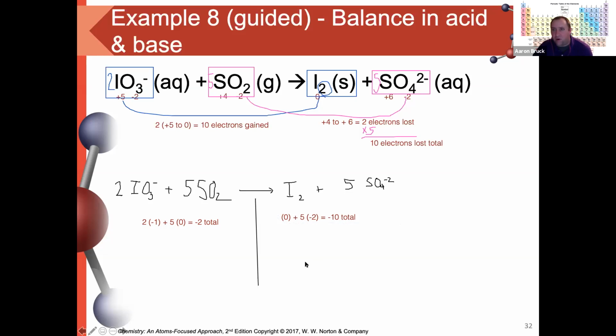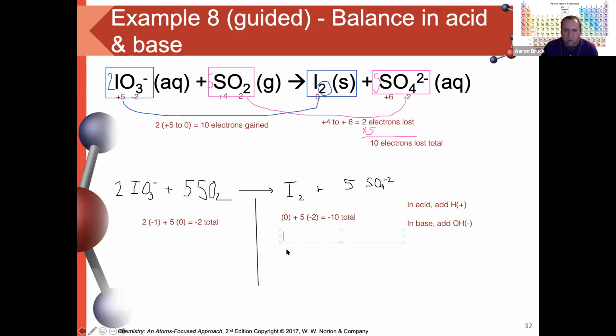And now comes the part where we have to change course. For acid, we add H+. For base, we add hydroxide. So for our acid reaction, we are going to add H+.